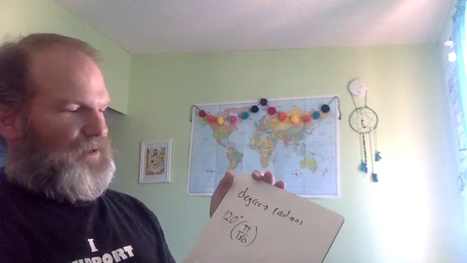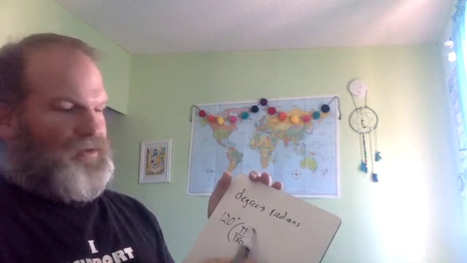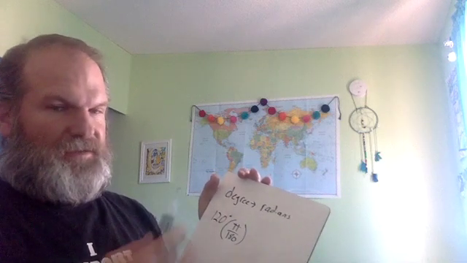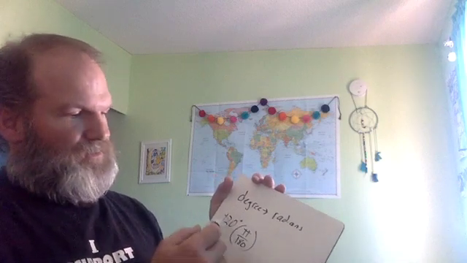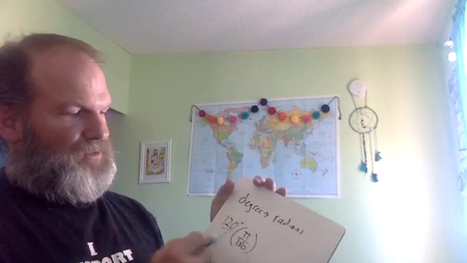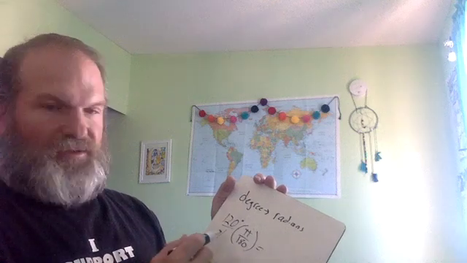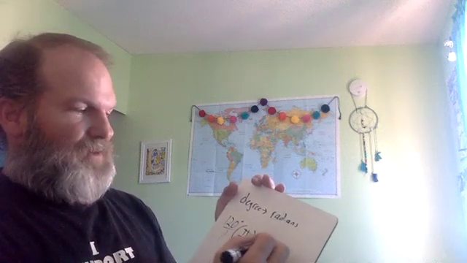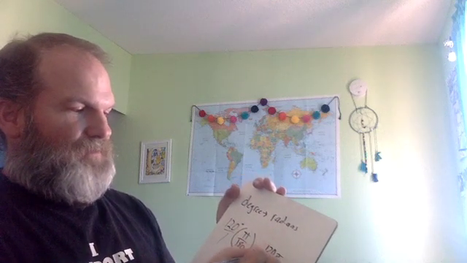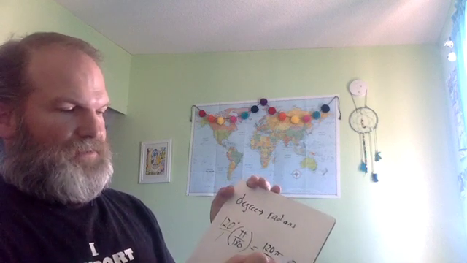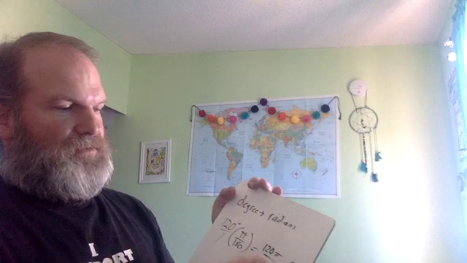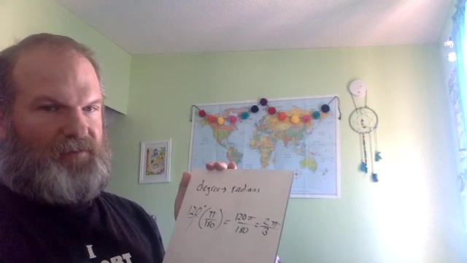All right, pi over 180 is the magic bullet here that converts degrees into radians. So 120 times this fraction would be numerator times numerator, denominator times denominator. You'd have 120 pi over 180, and 120 over 180 reduces to 2/3. So it's 2/3 pi, 2 pi over 3.